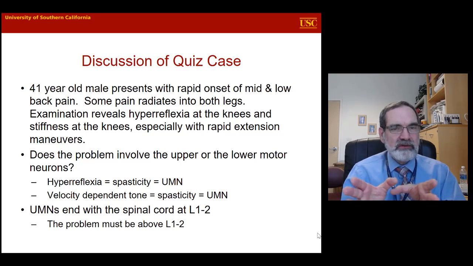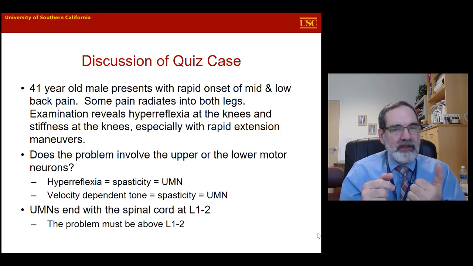This means what? Is the problem an upper or a lower motor neuron problem? As you see here, hyperreflexia equals spasticity equals upper motor neuron. Velocity-dependent tone is again a sign of spasticity, and that's an upper motor neuron condition.